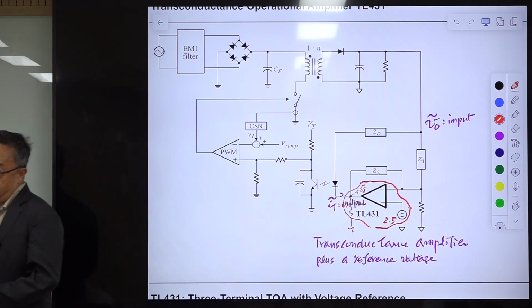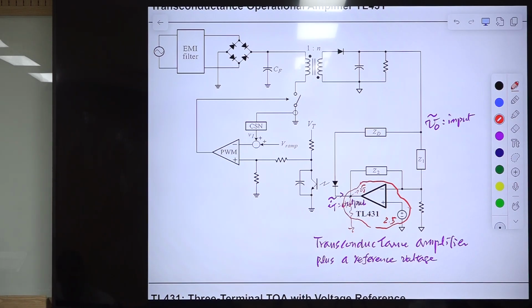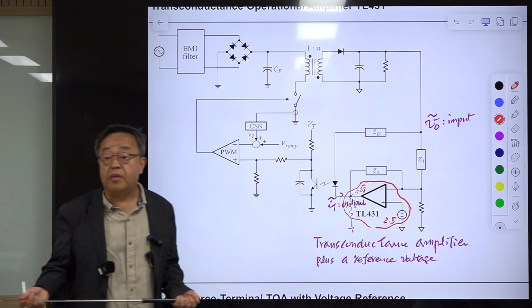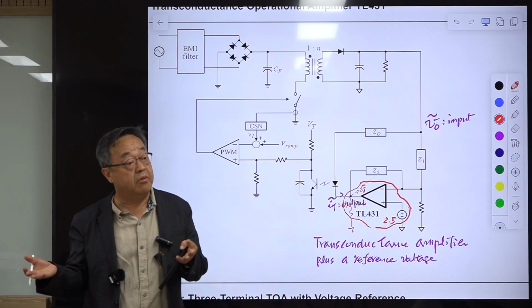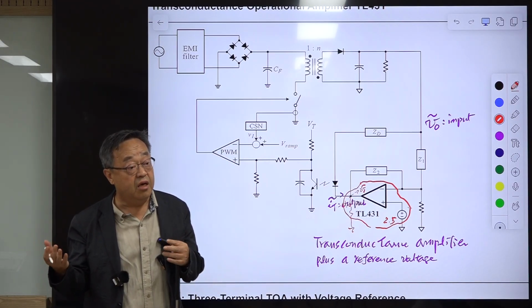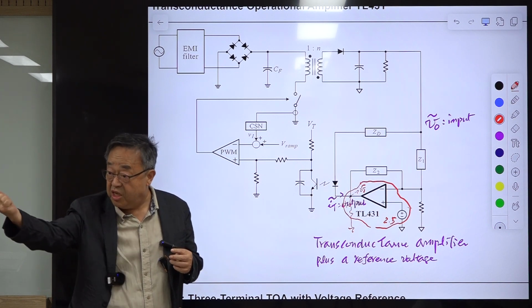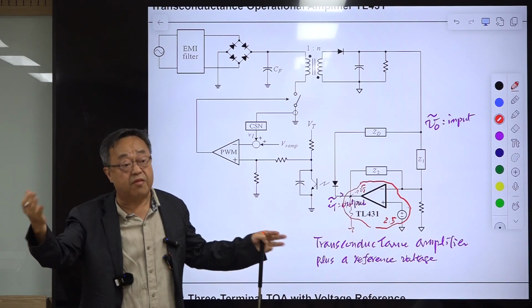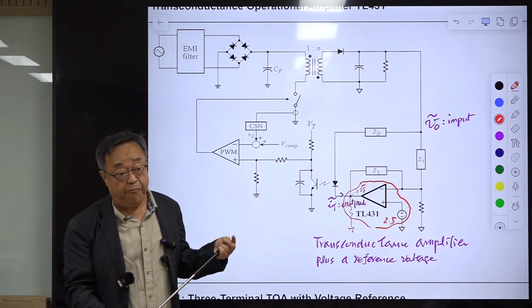And this is also called a shunt regulator. The name shunt regulator comes from the structure of the feedback amplifier. Maybe you heard the term shunt sampling, series mixing. When you are extracting current for the feedback amplifier, that is called shunt sampling.